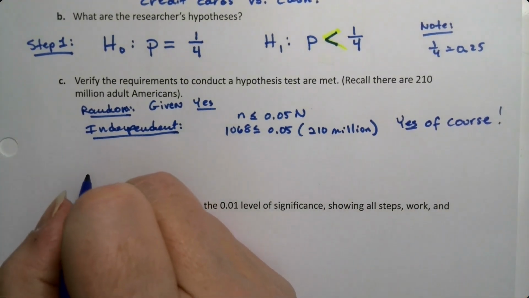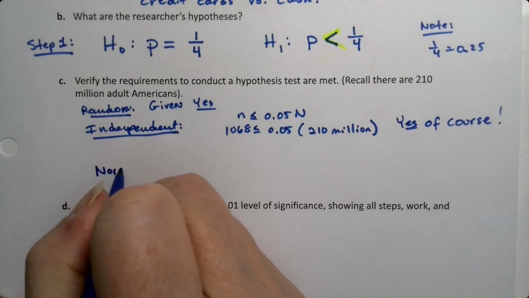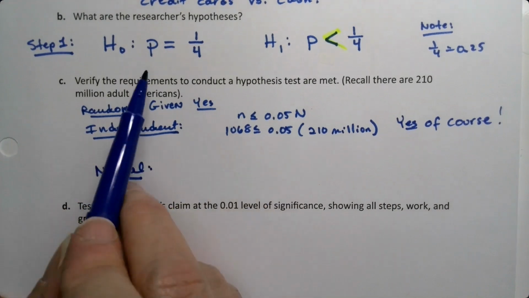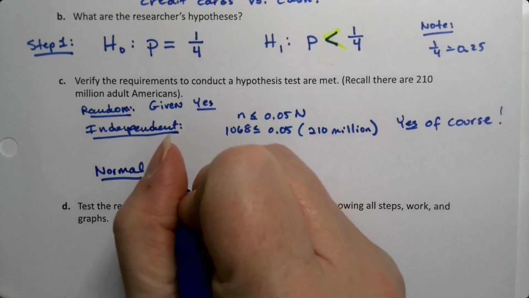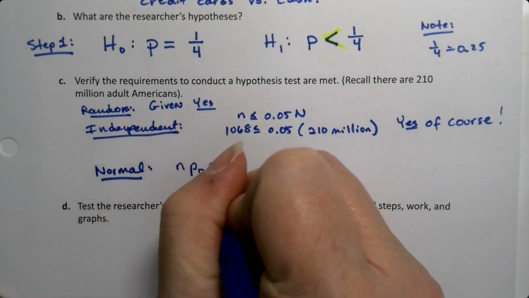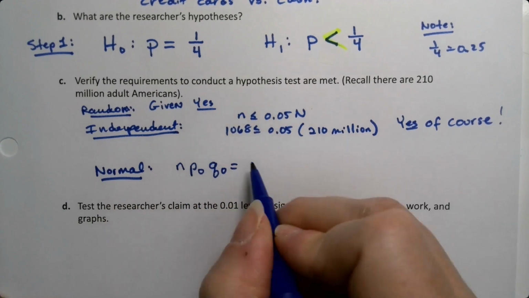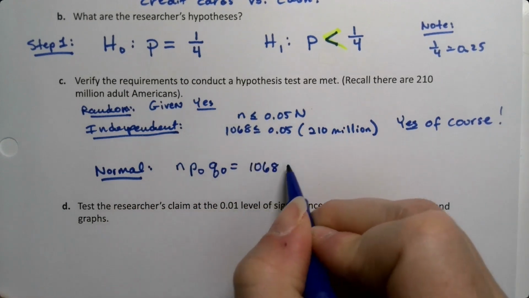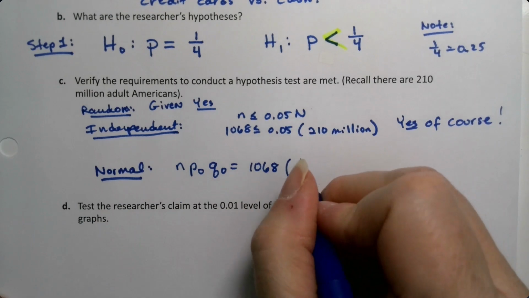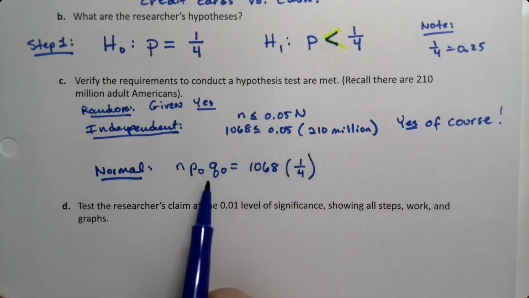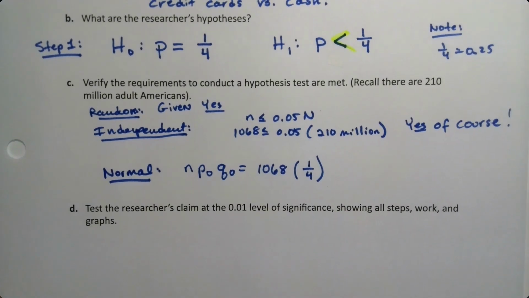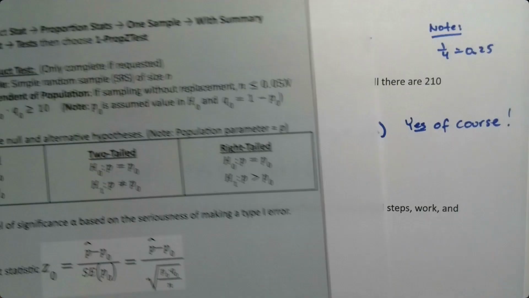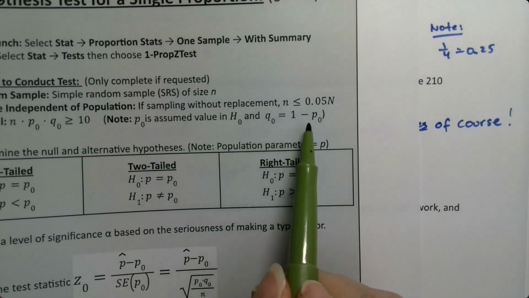All right, now we need normal. And this is the reason we needed the P0. P0 is this 1/4 right here. So we need n times P0 times Q0. Well, n was 1,068. P0 is 1/4. Now what about Q0? Well, let's remind ourselves. Remind yourself that Q0 is the complement of P0.